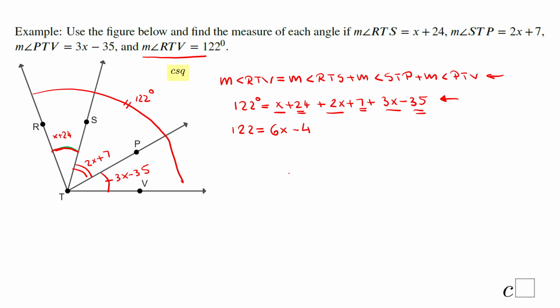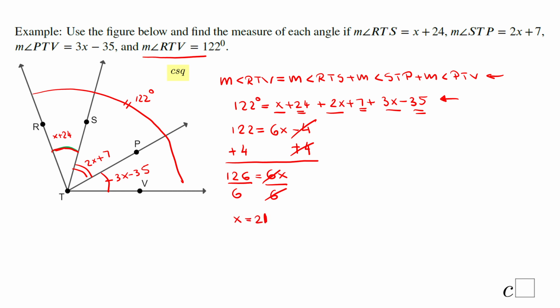Okay, and now with a two-step equation, I'm going to add 4 to get rid of this minus 4, and add 4 here for the same reason, to keep the balance. And we have here 126 equals 6x. Last step to solve the equation is to divide by 6 to cancel this 6. We're going to do the same thing on the other side, and we have an x of 21.